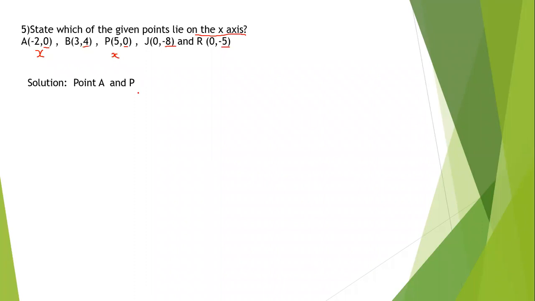Remember that if the point is on the x-axis, the y coordinate will be 0. And if the point is on the y-axis, then the x coordinate will be 0.